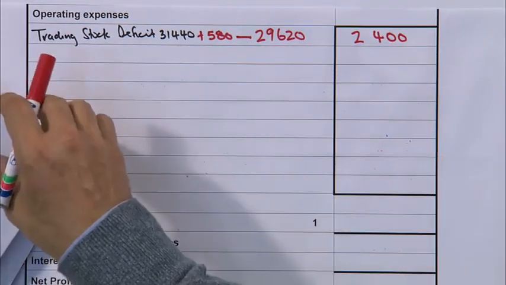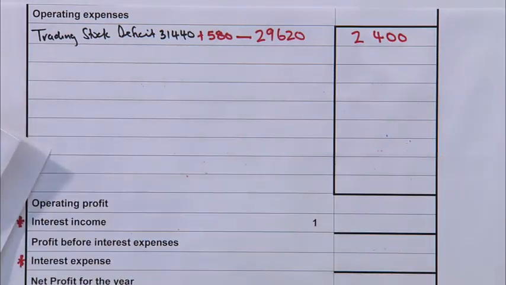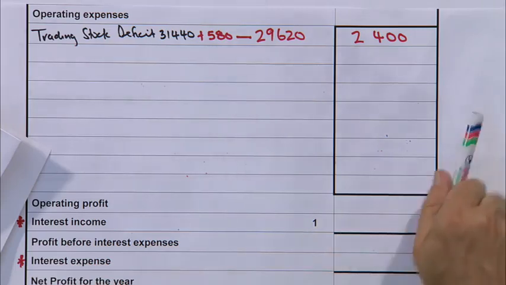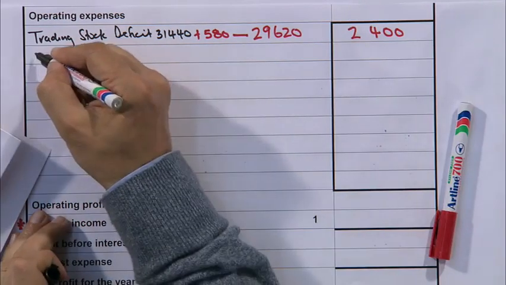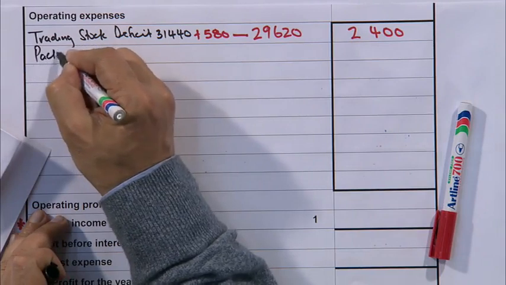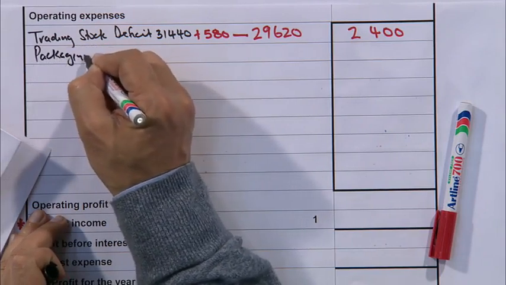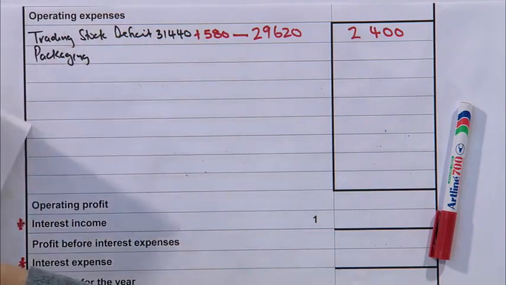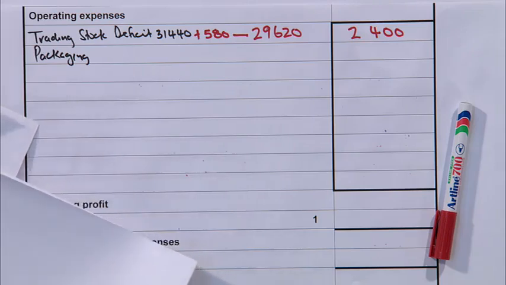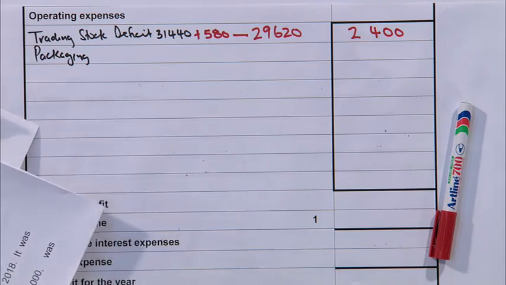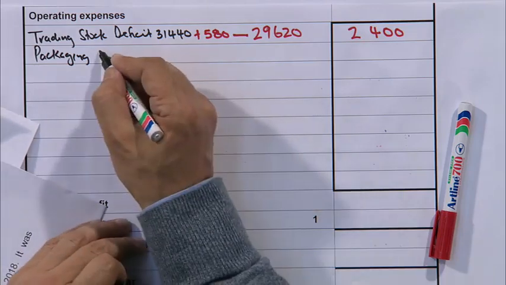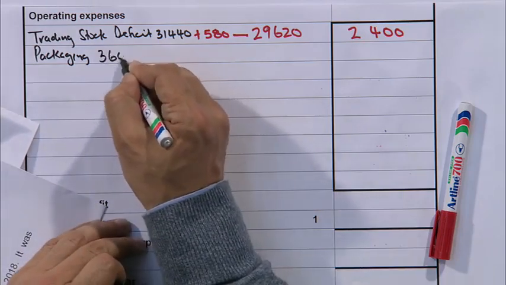Okay. Then still in C, they're talking about packaging, so I might as well identify the packaging. So I need to write in the packaging or packing material. In this case, they call it packaging. And the packaging total that we get from the trial balance is 3,600.